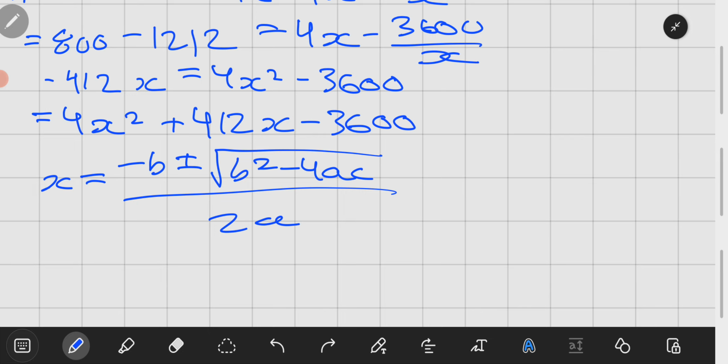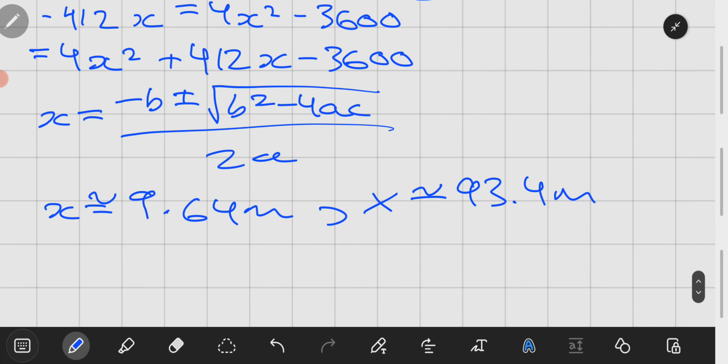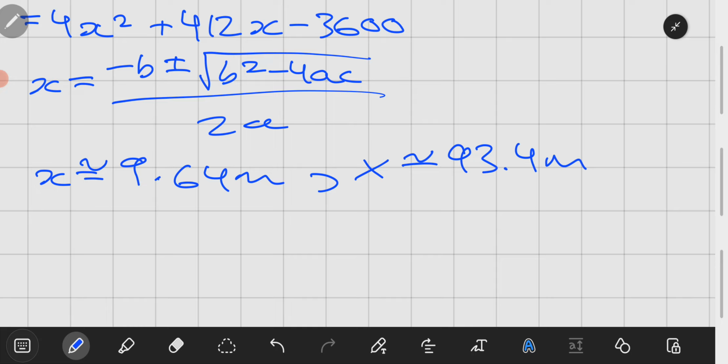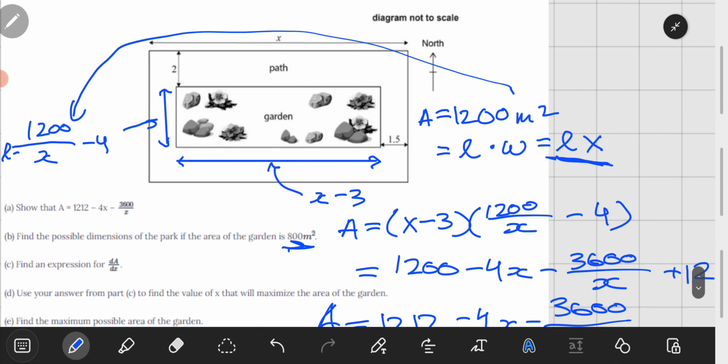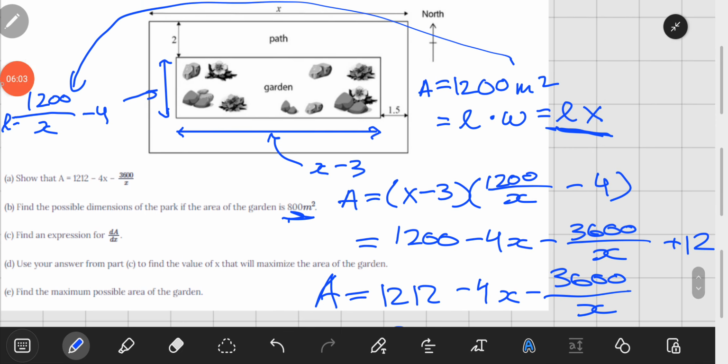If we solve for this, we can find our two values of x, where we should find that x can either be, after rounding, 9.64 meters and 93.4 meters, which means that when we use those two equations from the beginning, our width is equal to, one moment.